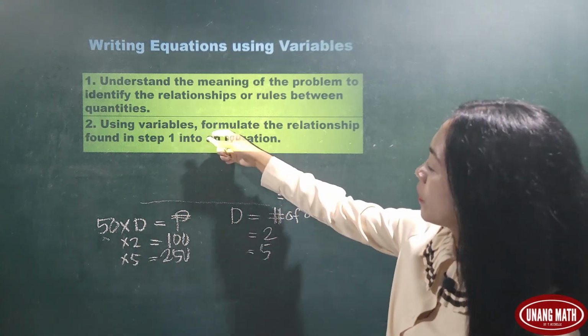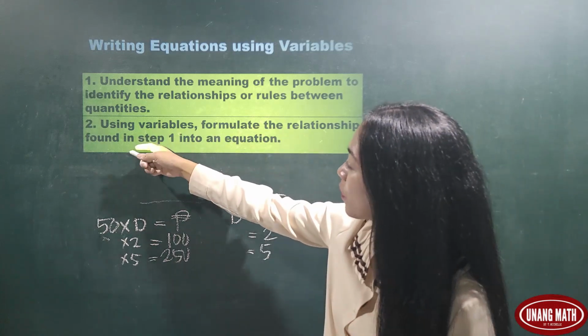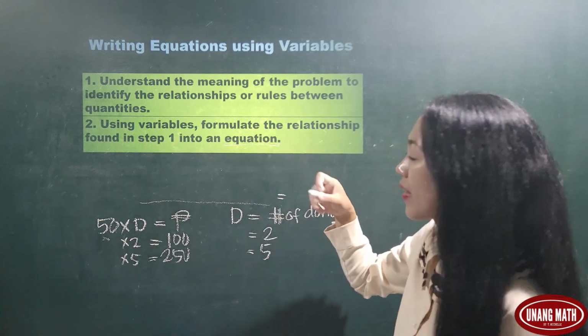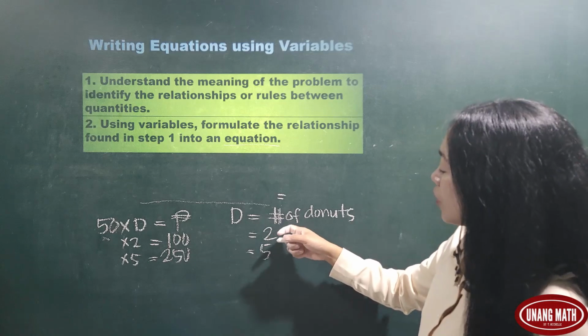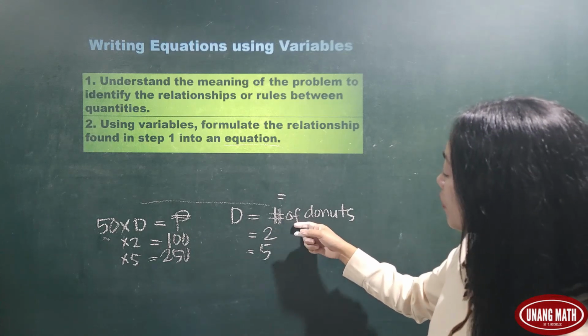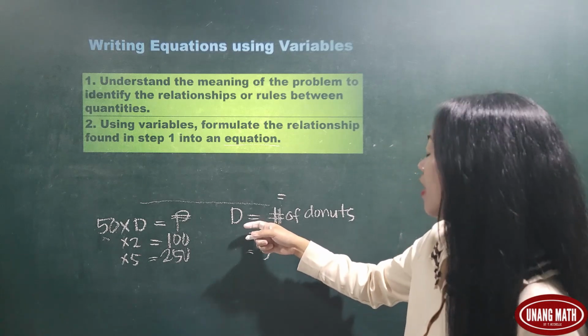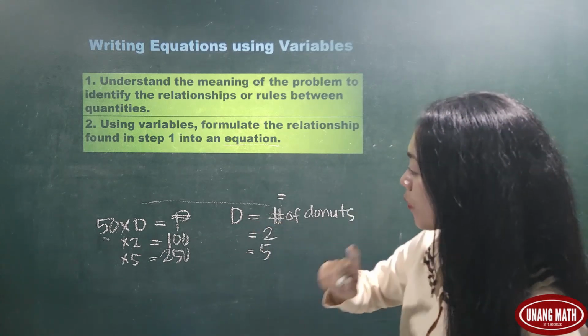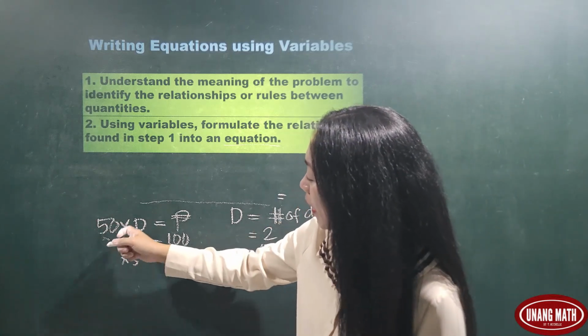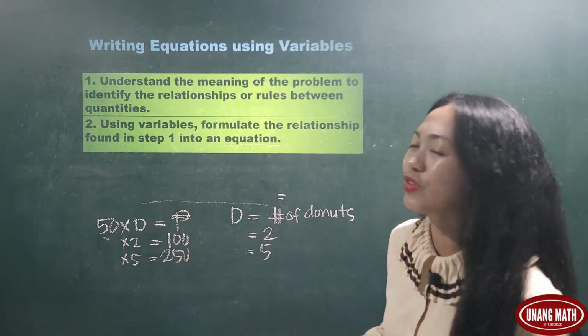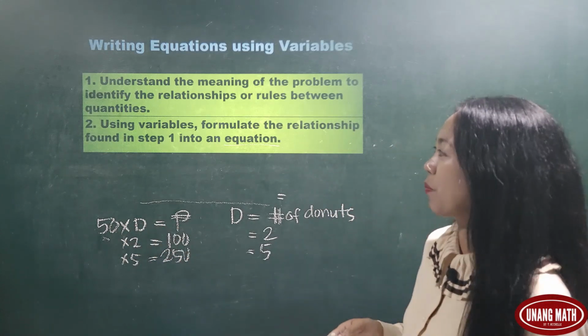Second, using a variable, we need to formulate the relationship found in step 1 into an equation. So we represented the number of donuts as variable d, so d is equal to the number of donuts. So our equation is 50 times d equals the amount of money we need to pay.